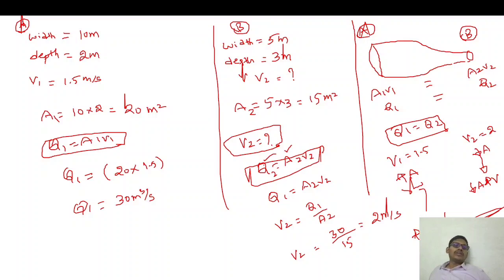Discharge Q1 equal to A1 V1, that is 20 into 1.5, that is 30 meter cube per second, and Q2 equal to A2 V2. But we know that Q1 equal to Q2, so V2 is equal to Q1 by A2, that is 30 by 15, that is 2 meters per second.